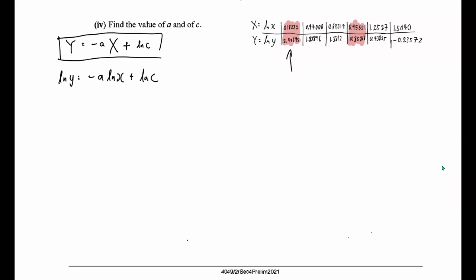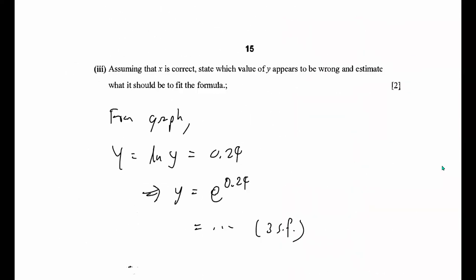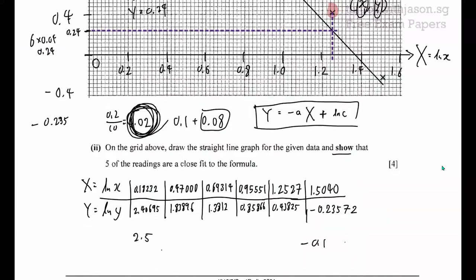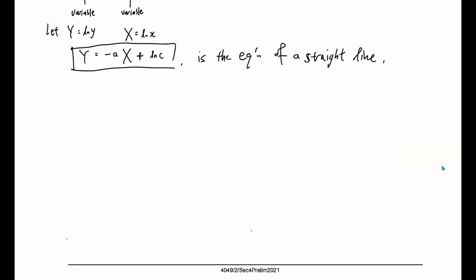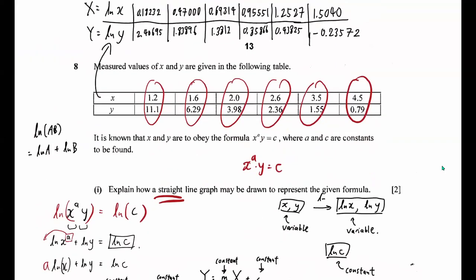Because I know the exact value of the x and the y here. It's the first and the fourth one. So I'll just copy the data from the question. Let me just take a screenshot so I can not scroll up and down.